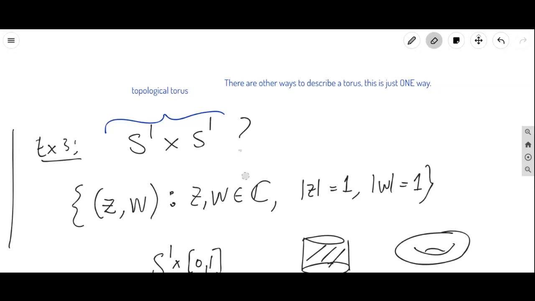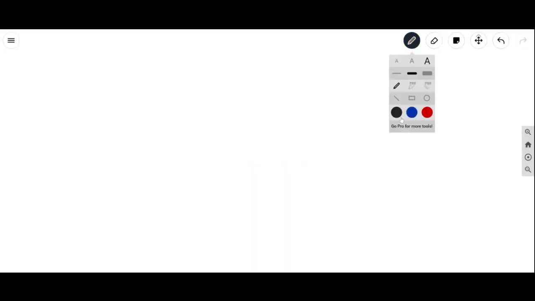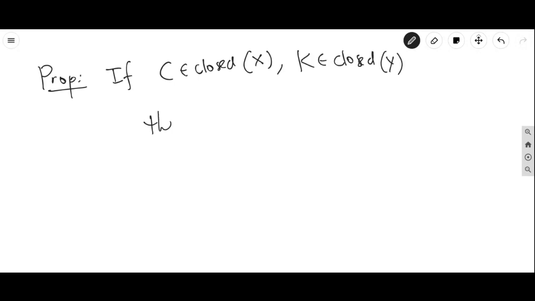And so I want to begin with this proposition. Let's begin. I want to mention some simple propositions as we go along the way. So, proposition: if C is a closed set in X, and K is another closed set in Y, then C times K is closed in the product space.